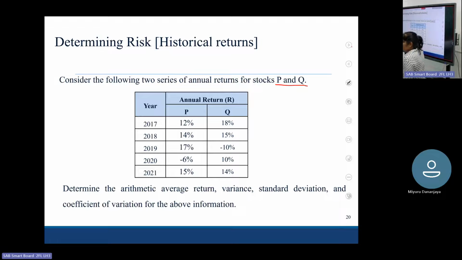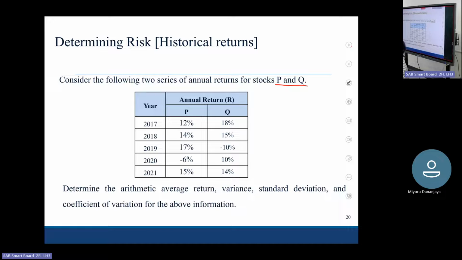The annual return, for example 12%, is based on past data. How does this 12% come?